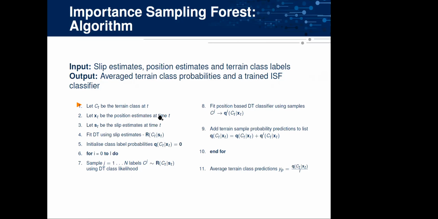So we introduce position estimates into our slip estimates. We no longer use slip estimation only, we use position as well. And then from there, we will fit a decision tree algorithm to the data. And then from the results, that's when we will sample new data, so that we can train our importance sampling forest model.